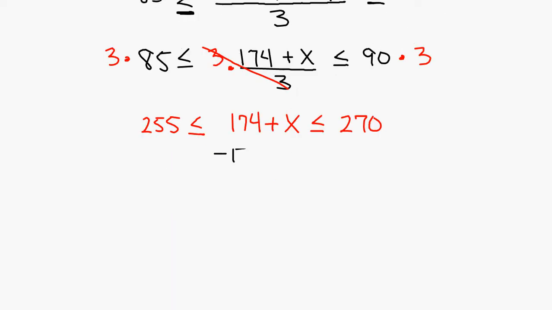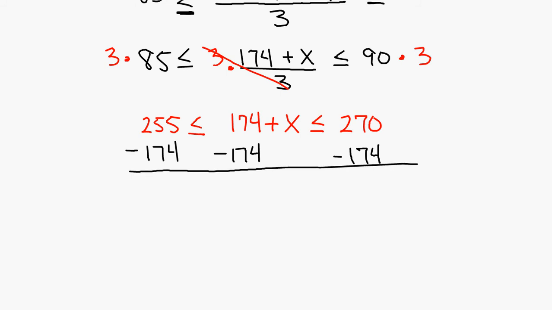So minus 174 from the middle, the left, and the right. 255 minus 174 equals 81, is less than or equal to X, which is less than or equal to 270 minus 174, and that's 96.